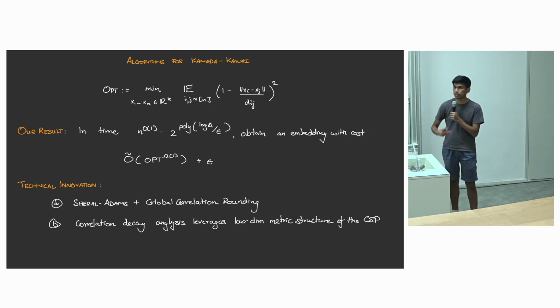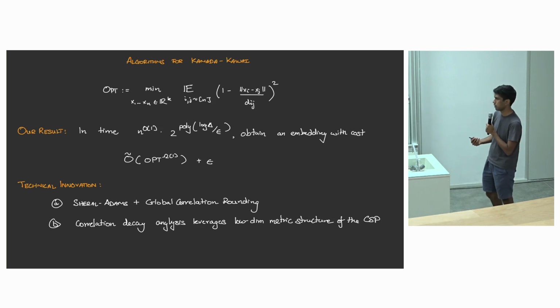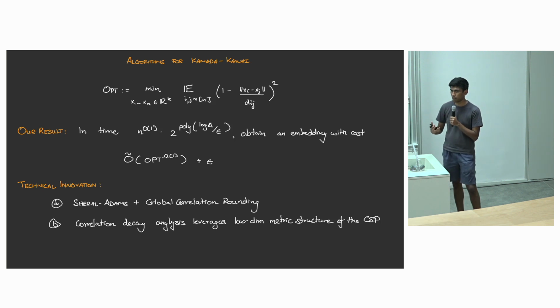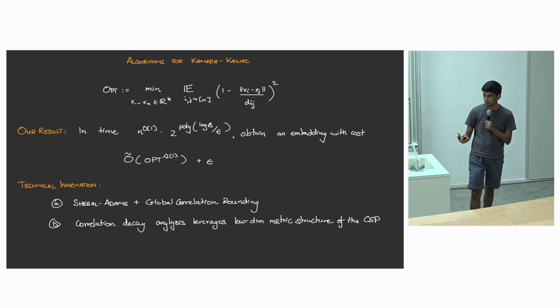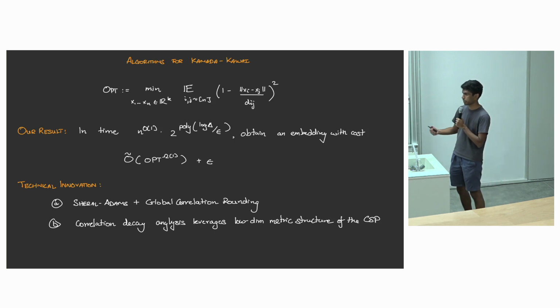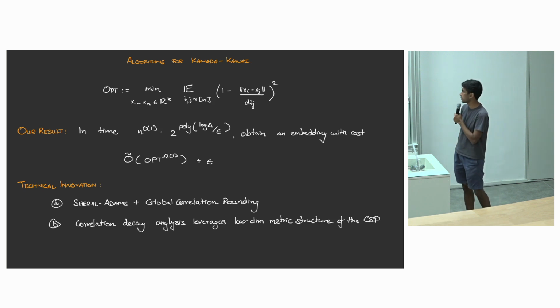But in the analysis of global correlation rounding, they're able to leverage the fact that this is not an arbitrary CSP, but instead comes from some low-dimensional metric structure. They use this to beat the naive running time of 2 to the poly delta over epsilon and get the win of poly log delta over epsilon.